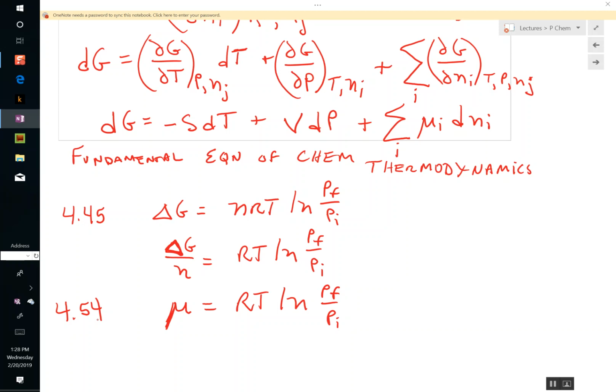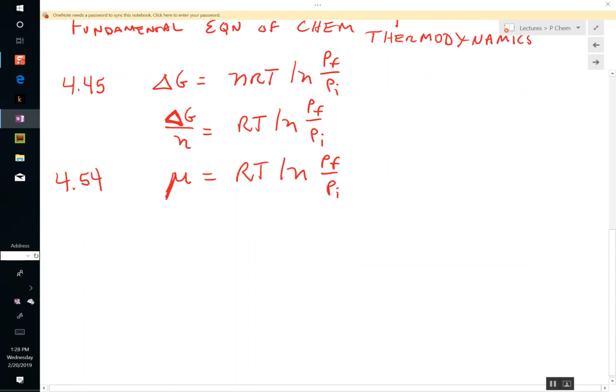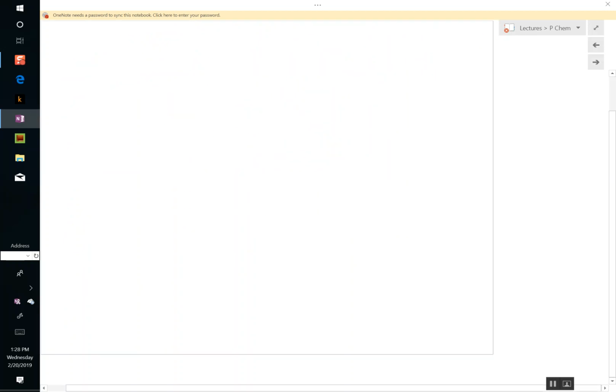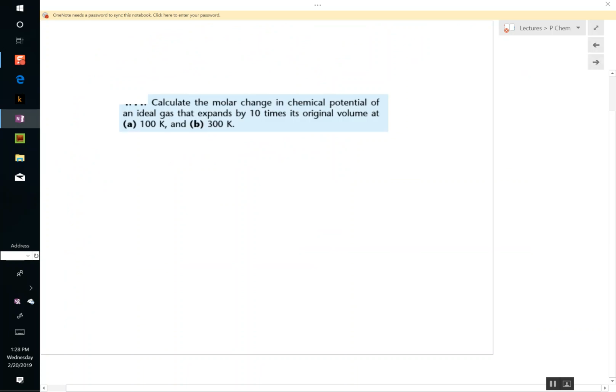So let's move on to the next problem, and let's use that equation. Does work then equal delta G for isothermal? Because that equation is identical to what we used previously when we were looking at internal energy. We had nRT times log of P final over P initial.